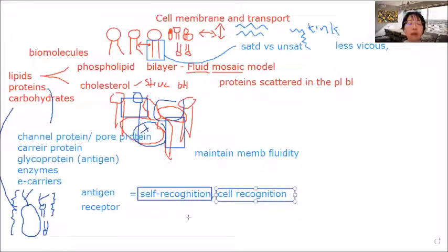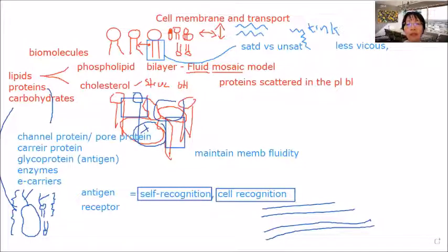Cell recognition is when the cell is growing to form tissue. How do they know they're supposed to be there and cannot grow beyond that layer? By cell recognition. Cells of the same type, for example epithelial cells, will be located here, then you've got connective tissue here and fat cells here. They remain in that layer because of cell recognition.